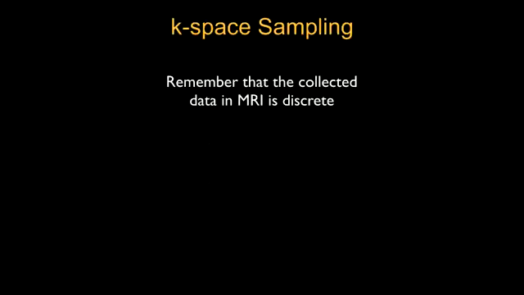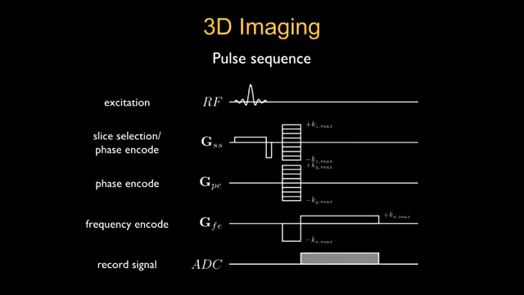So the important thing is you are not getting a continuous signal. You're getting a discrete signal. And that's why a lot of digital signal processing is involved, because here everything is related to the sampling. The phase encoding is very discrete.